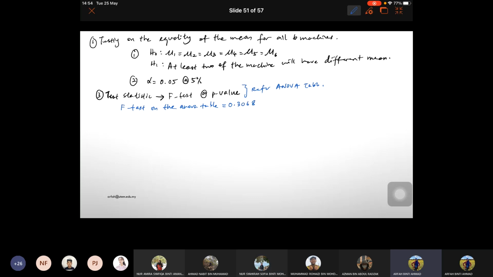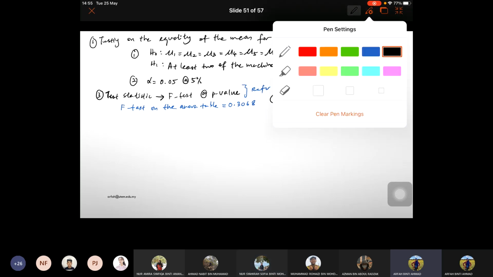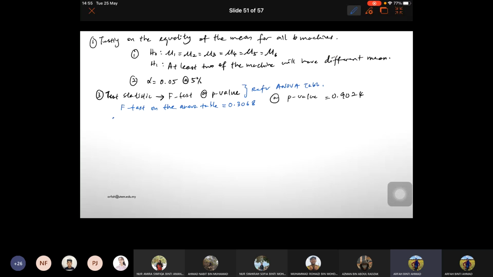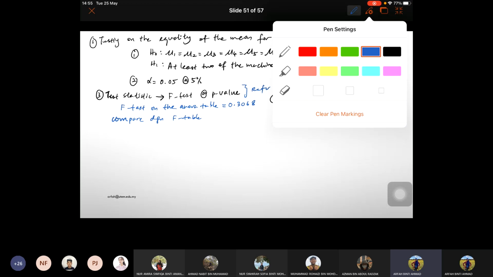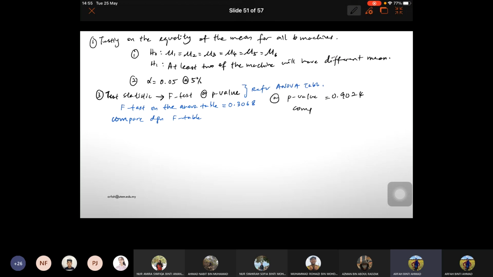Atau kalau guna P value, berapa nilai P value? 0.9024. So, F test kita akan compare dengan F table. Okay. Dan P value ni pula kita akan compare dengan alpha equal to 0.05.